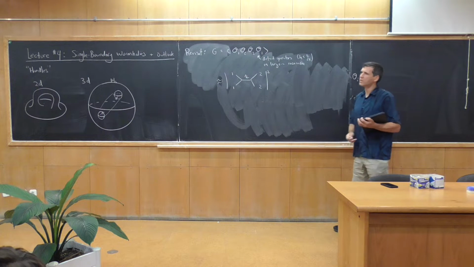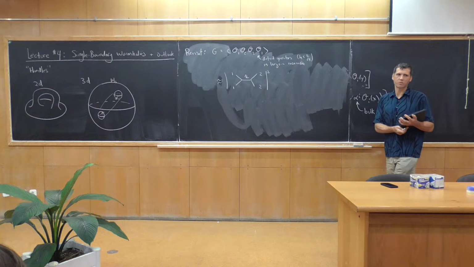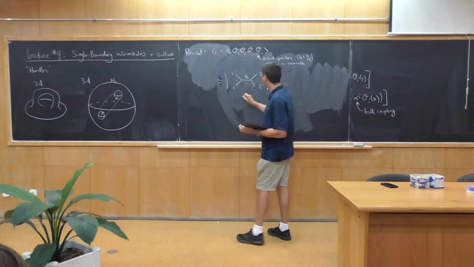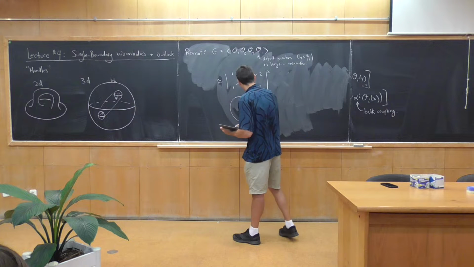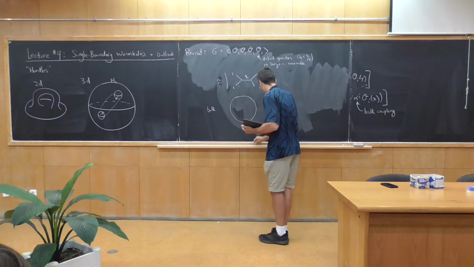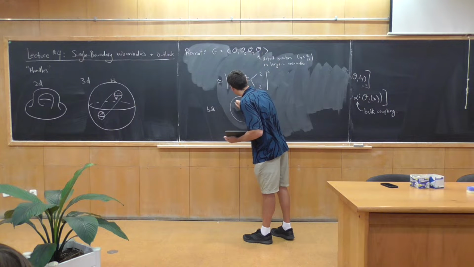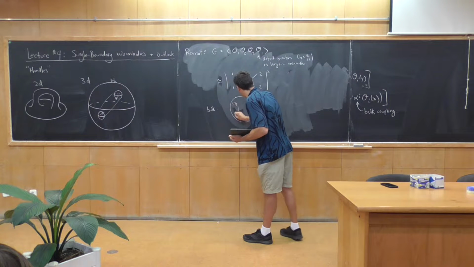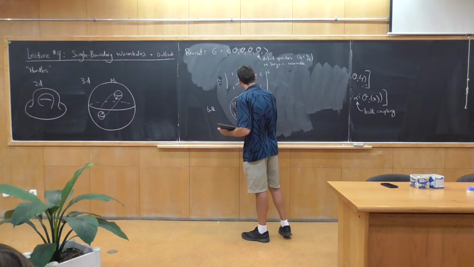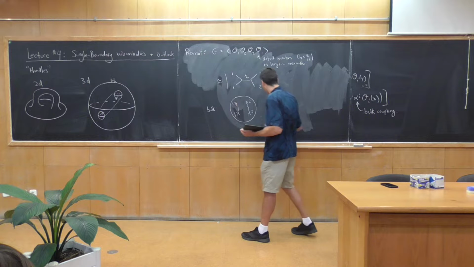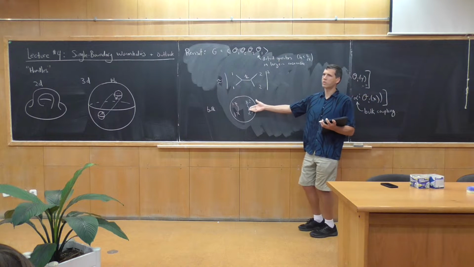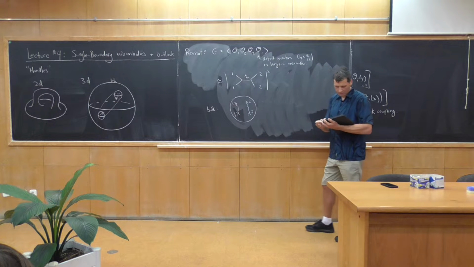And we said, well, this is nice because this matches what you expect. This is nice for two reasons. First of all, it matches what you expect from the bulk, which is a picture with two conical defects, one for operator 1, and the other one for operator 2. So the action of this gravitational solution matches this identity block.